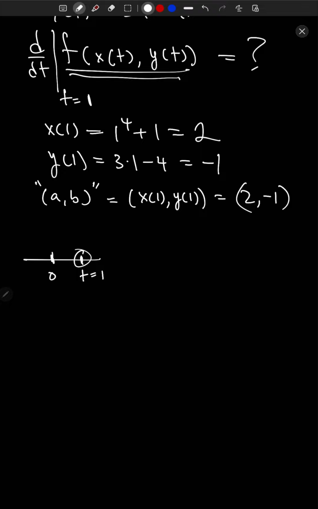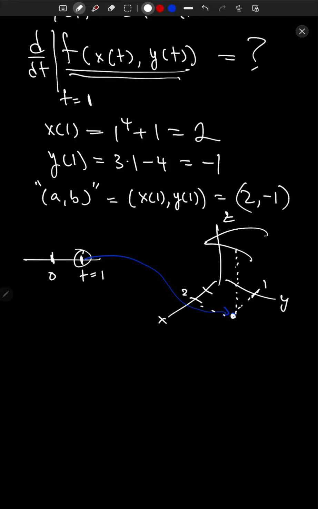This particular point is going to 2 comma minus 1. So 1, 2, that's x, that's y, that's z. And we want to know what's going on above this point, how our function changes above this point.